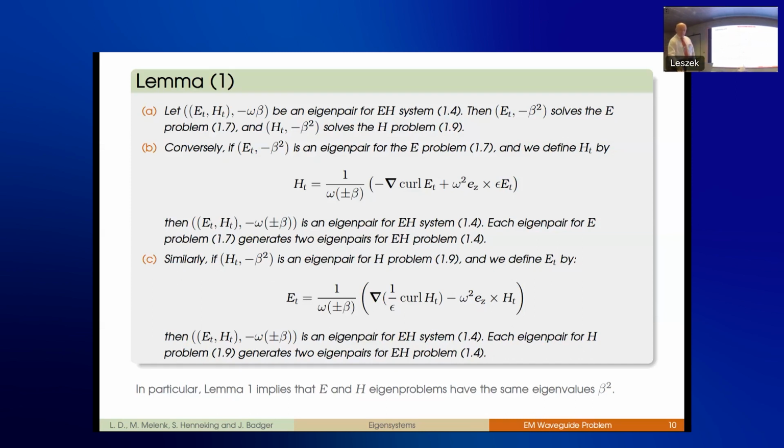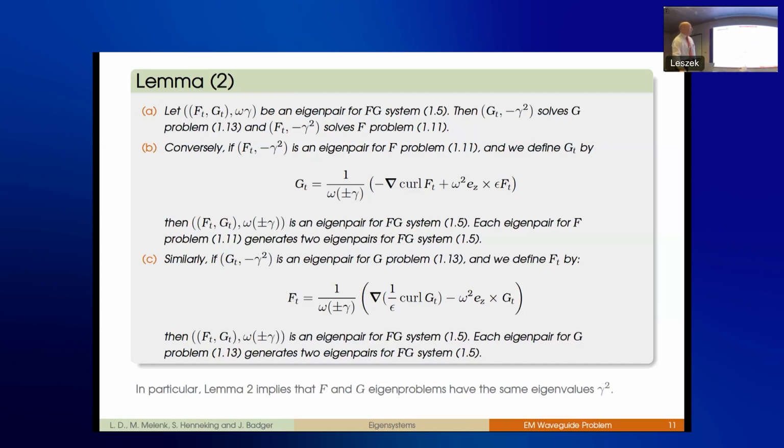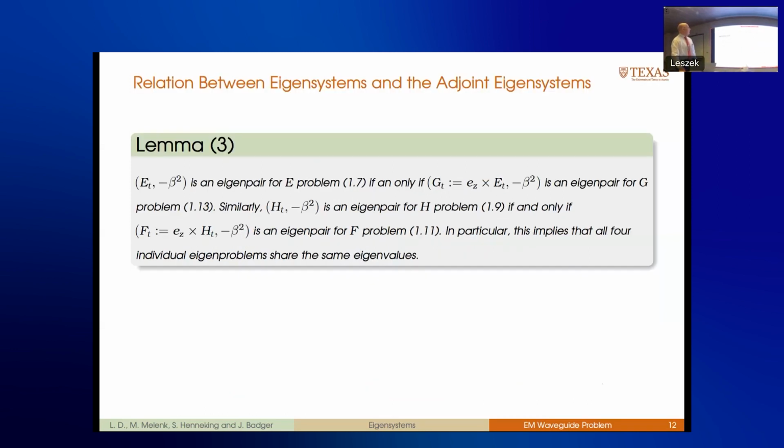And the same thing, if you take the other formulation, holds for the adjoint. And this one comes perhaps as a surprise. Oh, I'm sorry, I'm going to use the blackboard here. So you have the E problem, and you have the H problem, and then you have F, adjoint, and G. Now, for this lemma, this indicates the coupling, but along the diagonal.